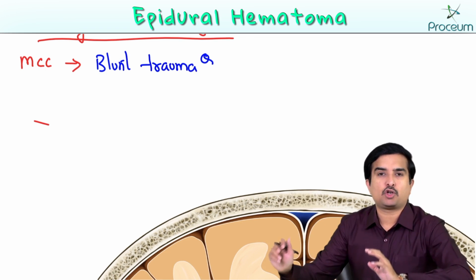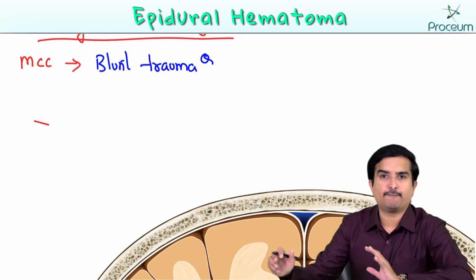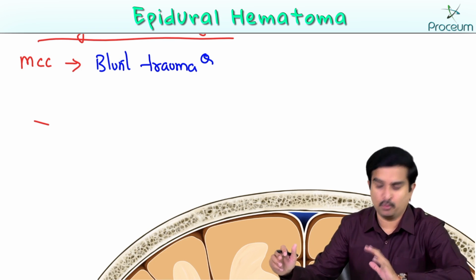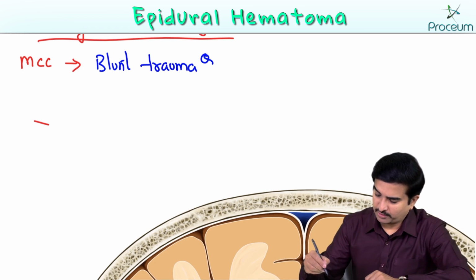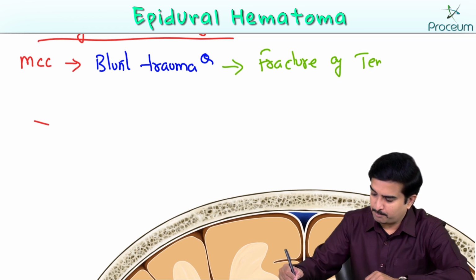This blunt trauma to the head is most often associated with a fracture of the temporal bone. This is also very important for you to appreciate. Because of this, there will be a fracture of the temporal bone.